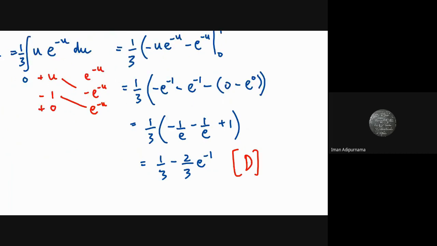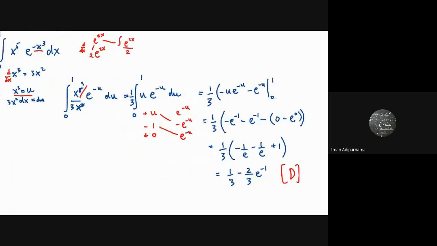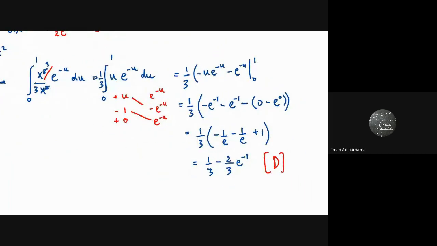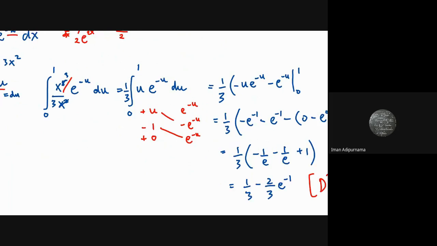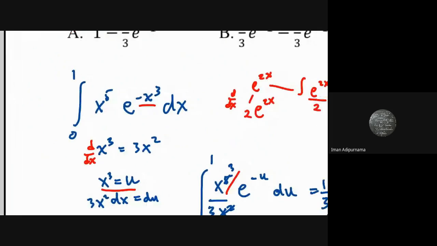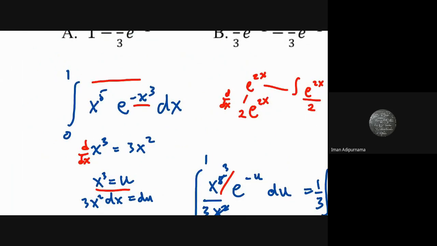Yeah, this is the process. If you look back at the question, you can directly use integration by parts with x^5 and e. But as I said before, you would have several integrations by parts, I think 6 times because you have x with power of 5.